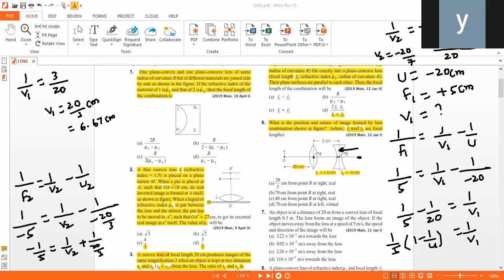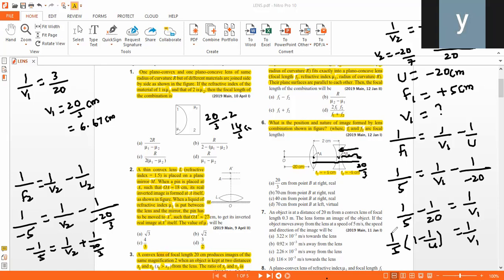See here, this is 2 centimeter. This total distance we got is 20 by 3, and now I need to find only this distance. That means here it is 20 by 3 minus 2, that is 14 by 3 centimeter.